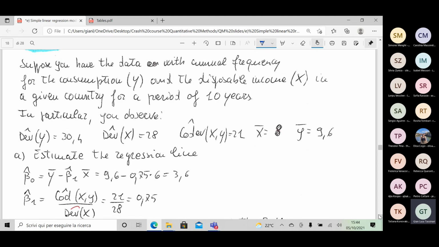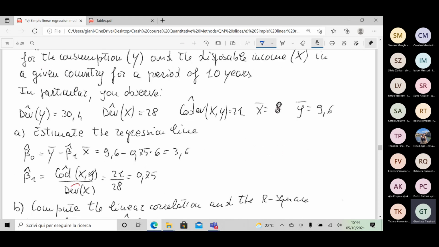So beta 1 hat is the codeviance divided by the deviance of the regressor. The regressor is the disposable income. So insert the data. Codeviance is my notation. The codeviance is 21, the deviance is 28. Make the computation and you get 0.75.